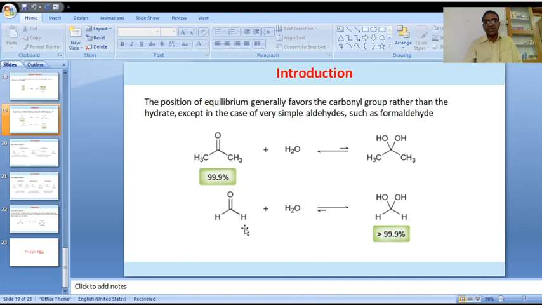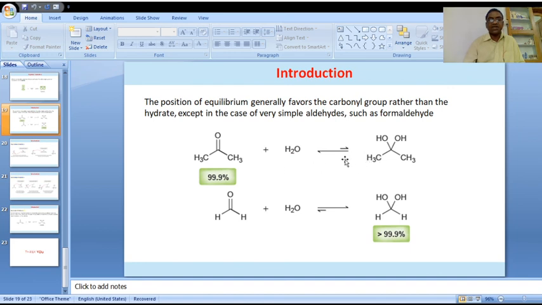There is no plus I inductive effect or electron donating groups, so the formaldehyde carbonyl carbon is less stabilized than acetone. The acetone structure is more stabilized. If it reacts with water to form a hydrate, this hydrate is unstable.